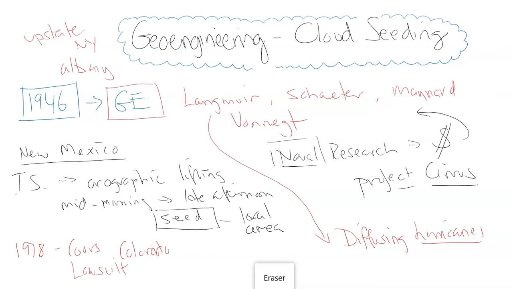Because hurricanes are a collection of thunderstorms over tropical hot water, the application was just to adapt it to a larger system, like a hurricane. But that was very controversial, and pretty much was stopped in its path.